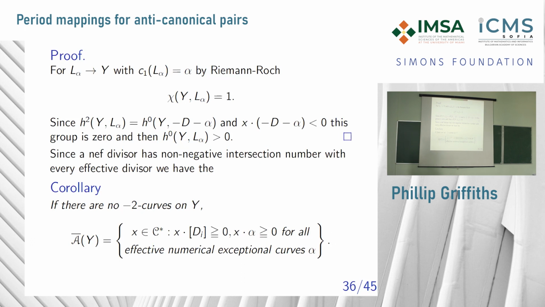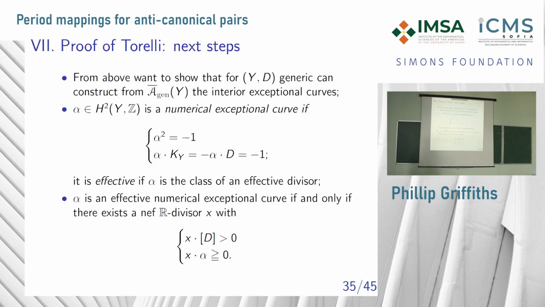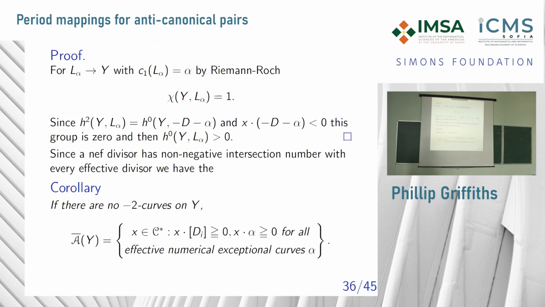And this is sort of a typical type of argument you use for these statements. So what we're doing here is to go from numerical data to geometric data. So we have a line bundle, and just the elementary argument from the Riemann-Roch theorem produces the effective -1 curve.